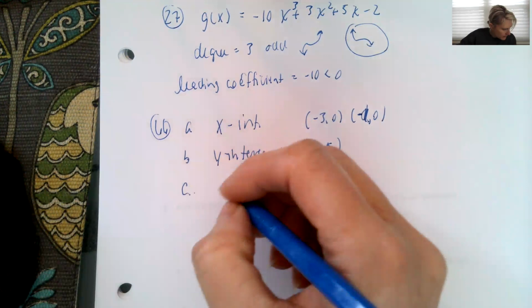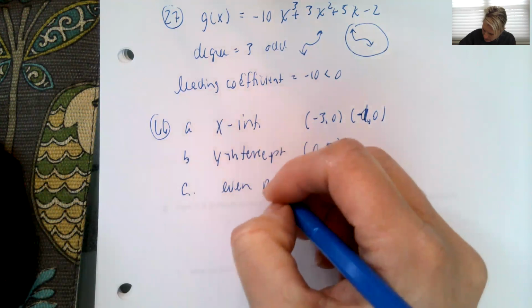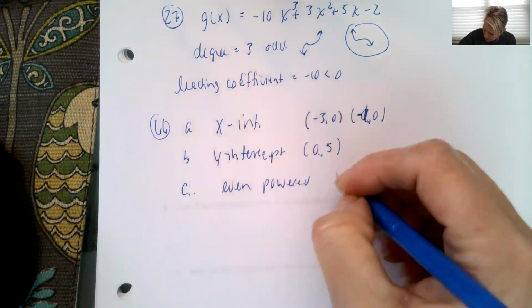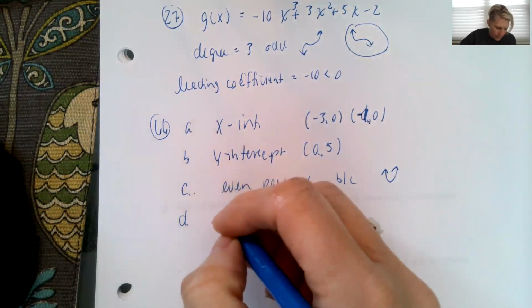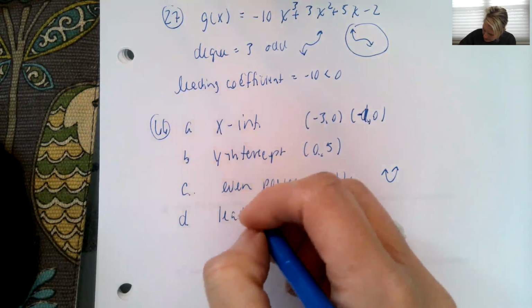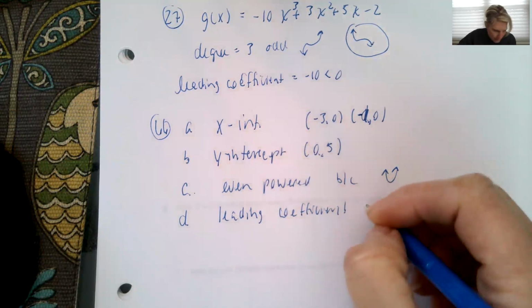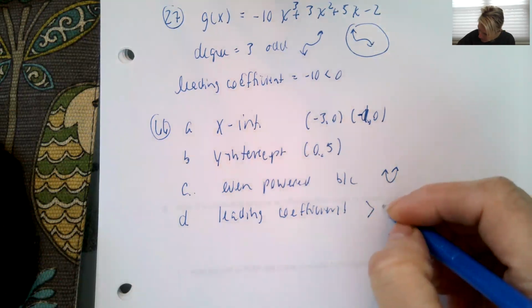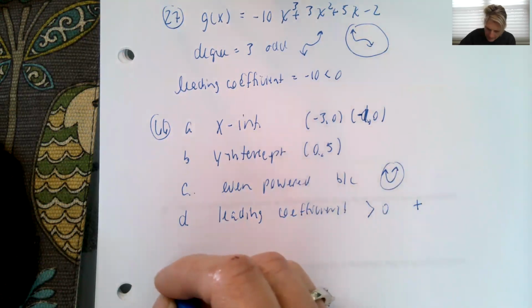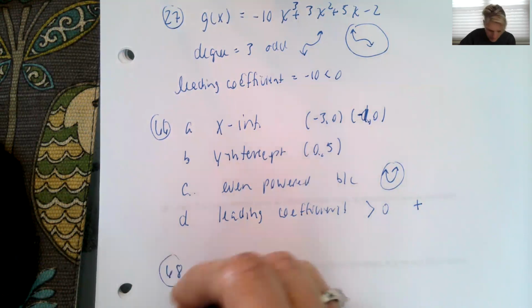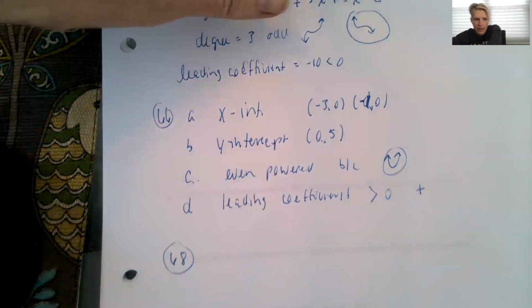And C was the odd or even, so it's even powered, because it was both facing up. And D is leading coefficient is greater than 0, it's positive. And that's because it's both facing up. Okay. So that's cool that we can see that just from the graph.